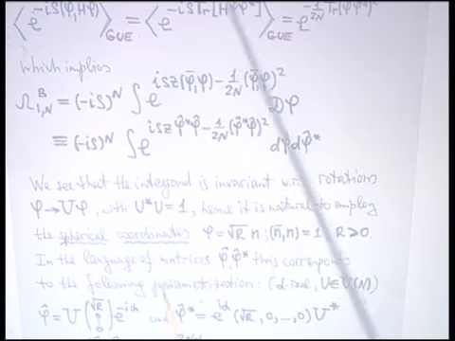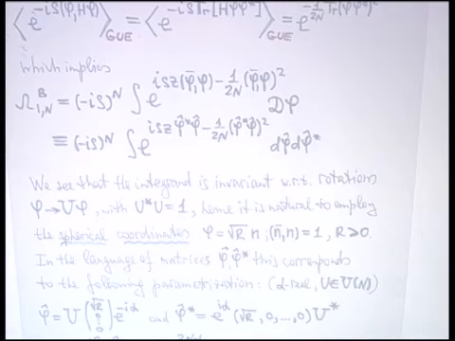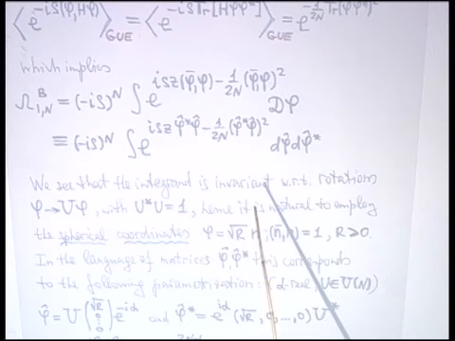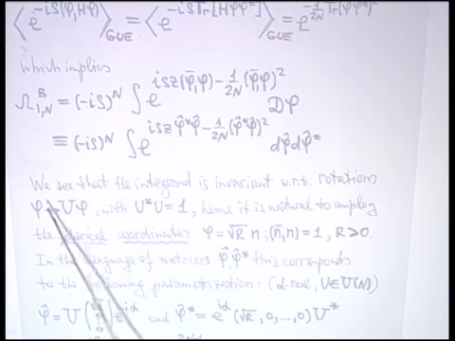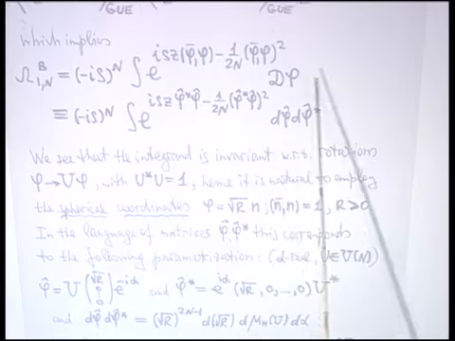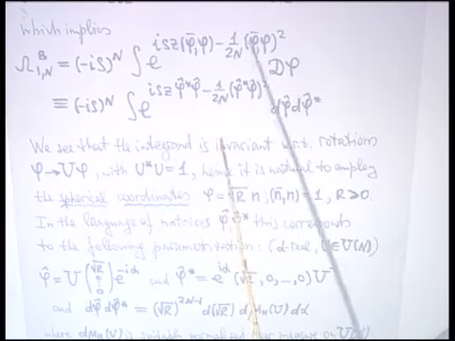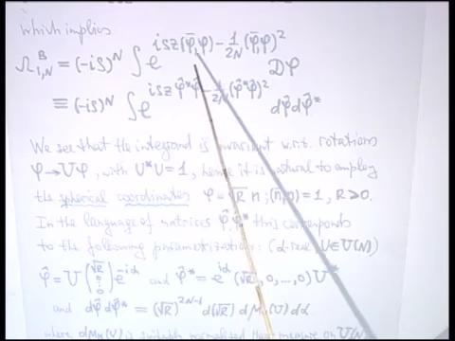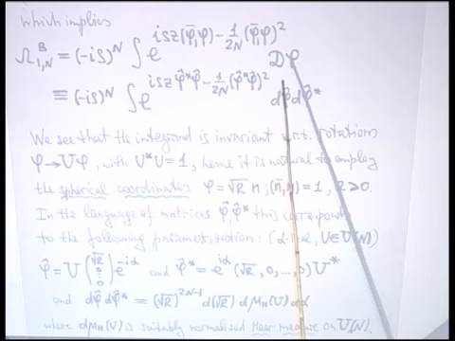Now, what we in fact can immediately infer from looking at this formula, especially in this form, but implicitly also in this one, is that if one considers rotations of phi with an arbitrary unitary matrix U, then this expression in the integrand is invariant with respect to such a rotation, because the scalar product is invariant and the measure is invariant.